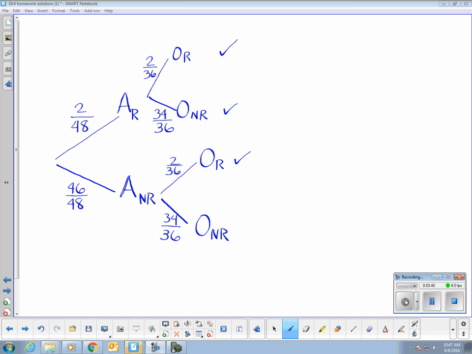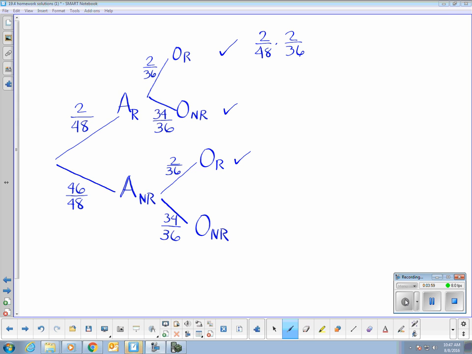So I have 3 different paths, and I'm going to find their individual probabilities, and then I'm going to add them together. So the probability of getting a rotten apple and then a rotten orange is 2 out of 48 times 2 out of 36.